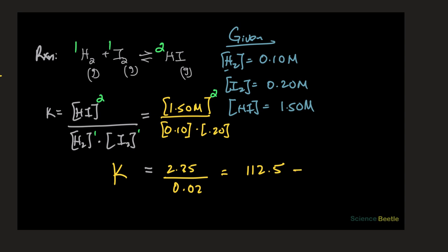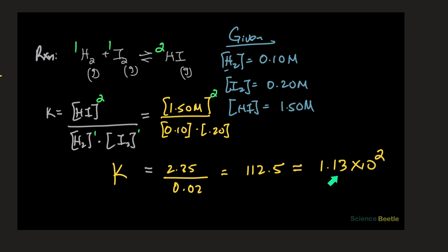If we want to take the step further and put this into scientific notation, the number here would be 1.13 times 10 to the 2. You can see it already in this value: 112.5 is vastly greater than 1. If you put it into scientific notation, you can see that the exponent here is a plus 2, which also would confirm it.